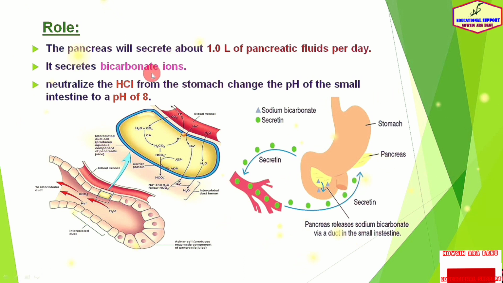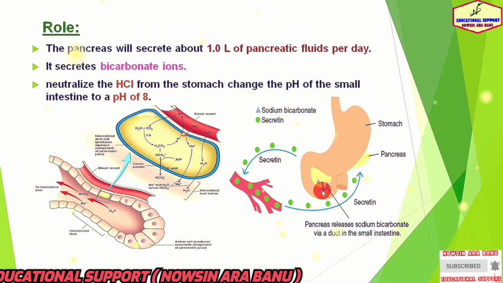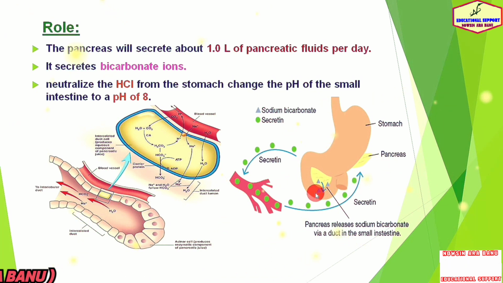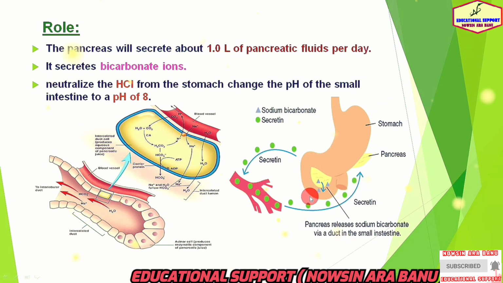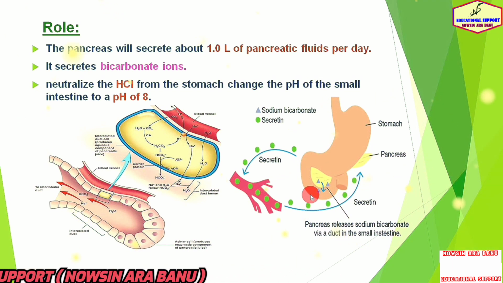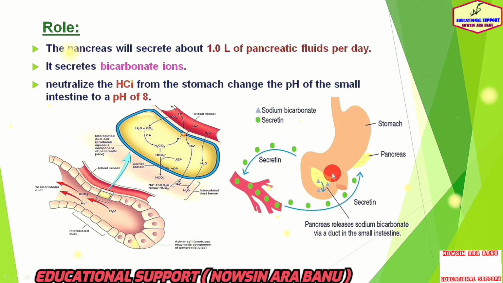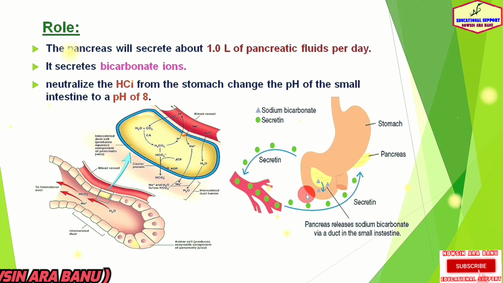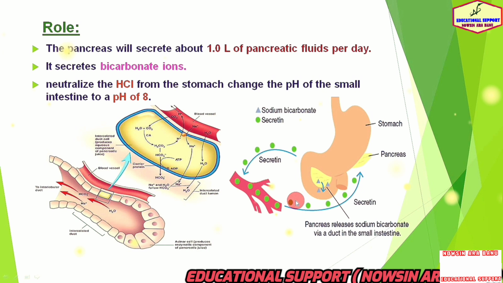Sodium bicarbonate is responsible for the slight alkalinity of pancreatic juice, pH 7.1 to 8.2, approximately 8, which serves to buffer the acidic gastric juices in chyme and then create an optimal environment in the small intestine.